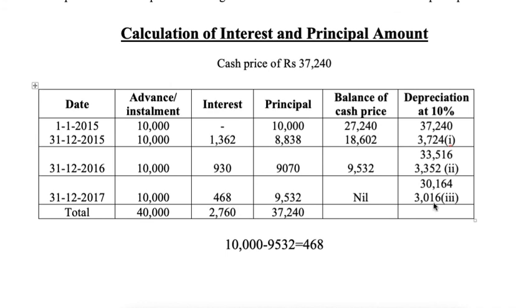And now if we see the total value of the asset at the end of the year, it will be 30,164 minus 3,016 rupees, and the total value will be 27,148. Fine. So this is the first year, second year and third year. After the third year, the total value of the asset is 27,148.